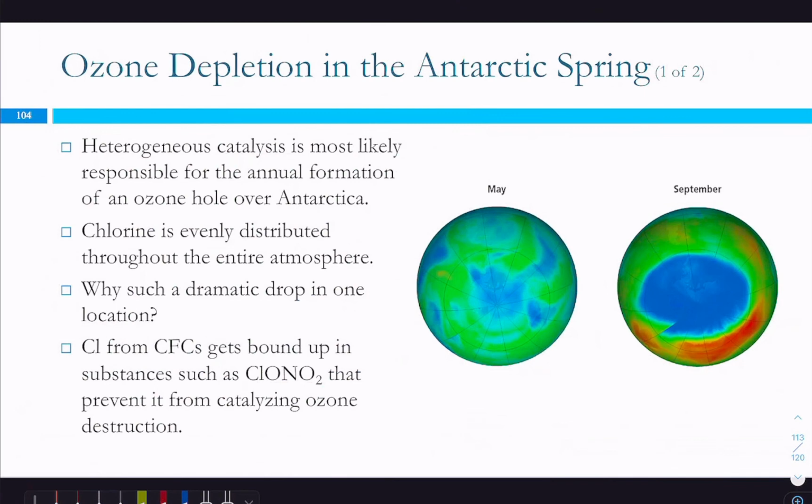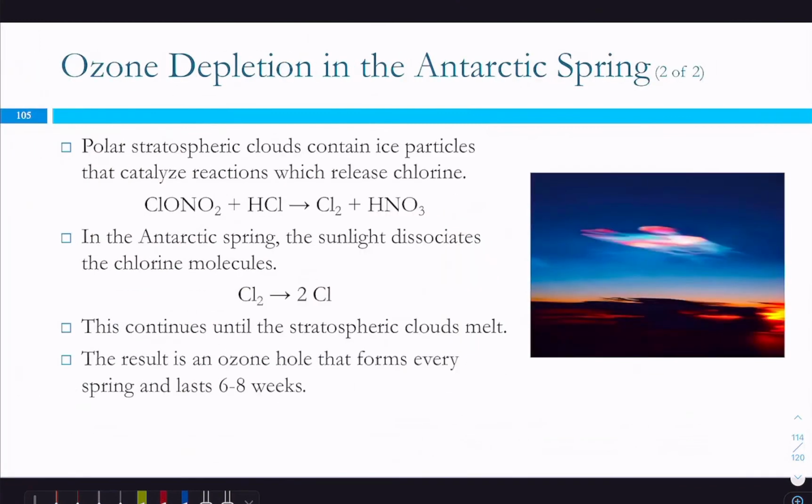However, when you get into the winter, Southern Hemisphere winter, so it would be our summers, like right now, the ozone hole over Antarctica would be pretty bad, or worse at least. The ice particles in the clouds catalyze reactions that release the chlorine.